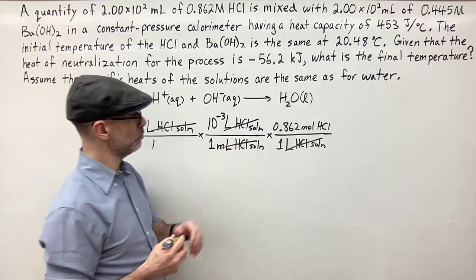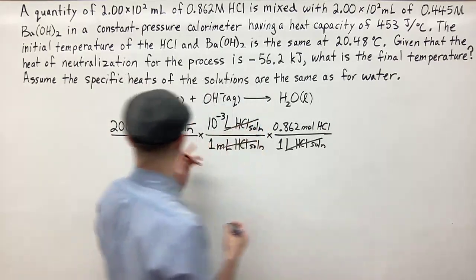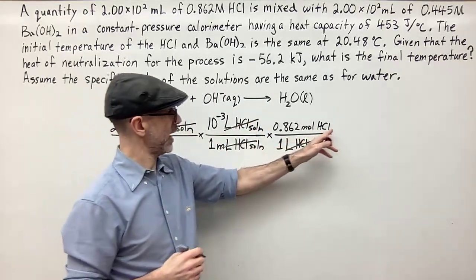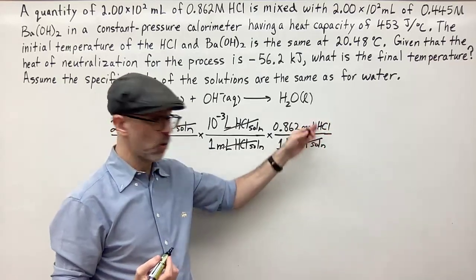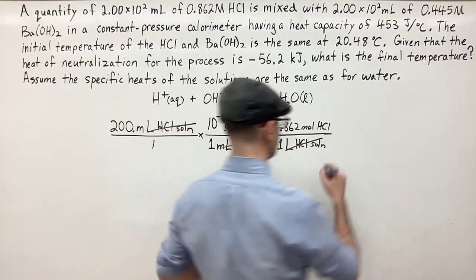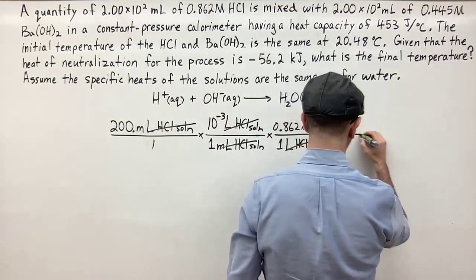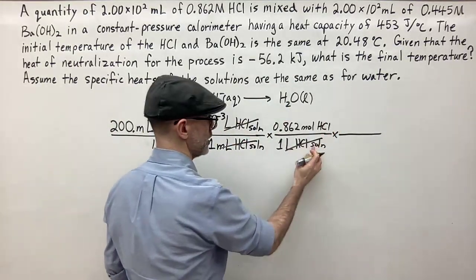Now I can convert that to moles of H plus because the H plus comes from the HCl. It's a 1-to-1 ratio, so I can use the mole ratio in my HCl.